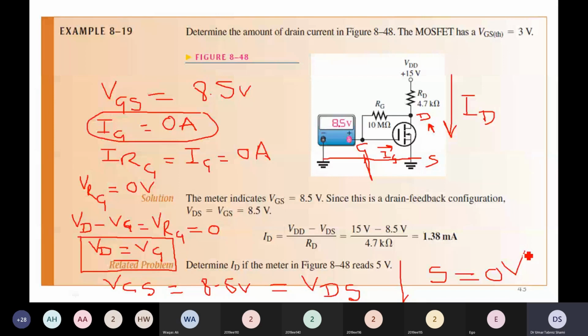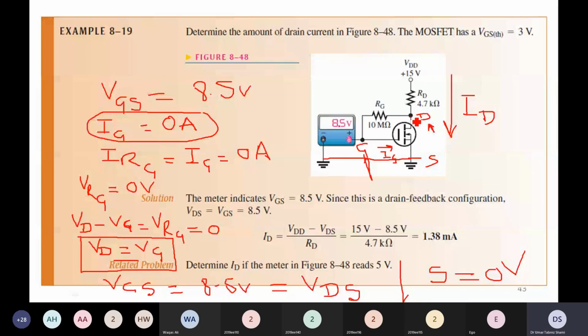Since we get from the data that the gate source voltage is 8.5 volt, this means that the drain to source voltage is also 8.5 volt. This means that VDS is also at 8.5 volt. Here is VDS.